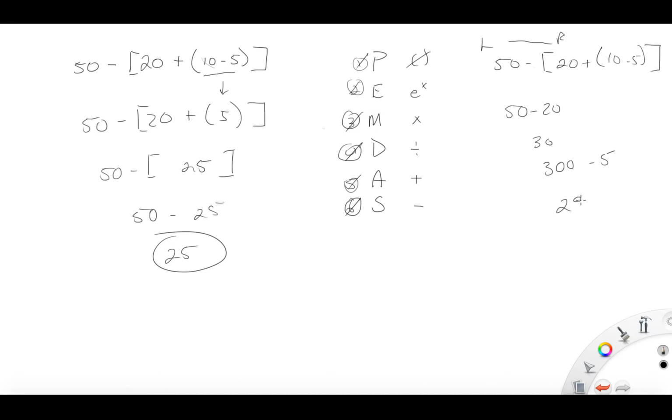I would get the answer of 295. That's a far cry from the correct answer of 25. See, I didn't go in order here. I chose my own order from left to right, did not follow PEMDAS, and I got it wrong. Let's do the next one.